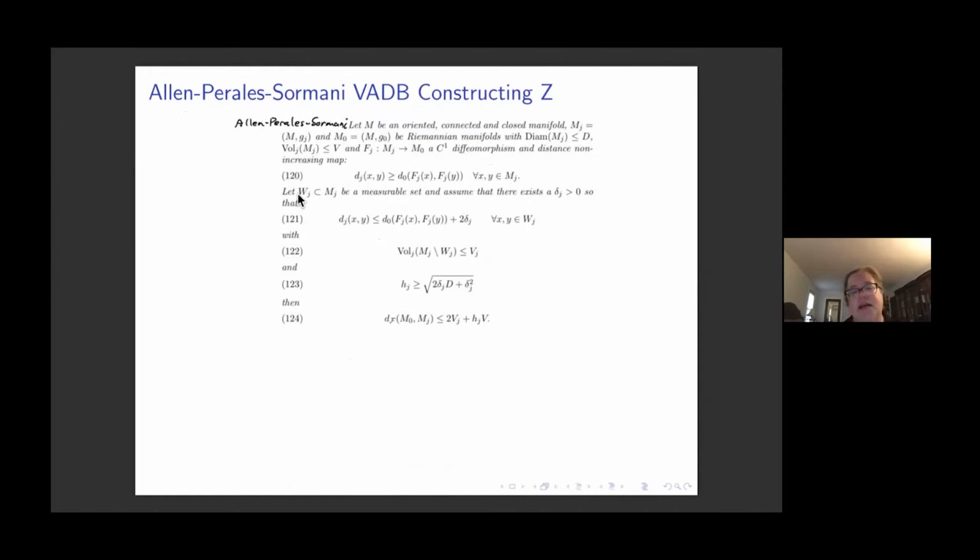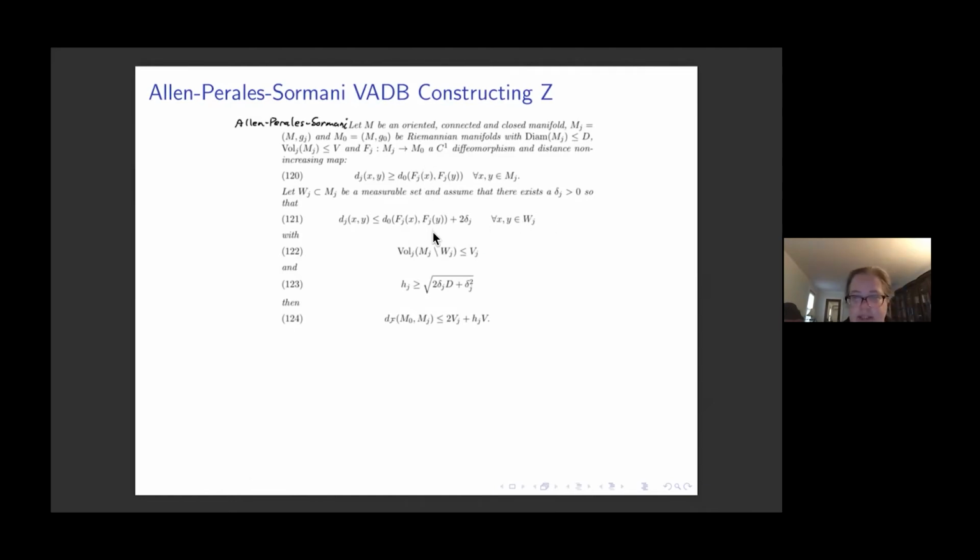But now we're going to say, suppose there's a WJ, that's a measurable set, and assume that there's a delta J greater than 0, such that we have DJ greater than or equal to D naught plus 2 delta J. DJ, so we're having a distance above on a WJ. So this is a little bit similar to the estimate of Lakzian, and a little bit similar to the estimate with Wang and Lee.